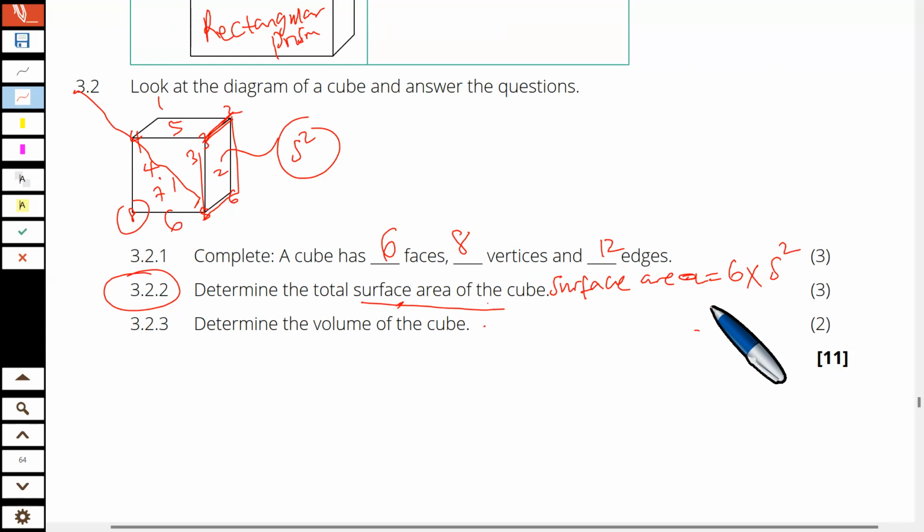Right. So what do you think? Determine the volume of the cube. What is the volume of the cube?